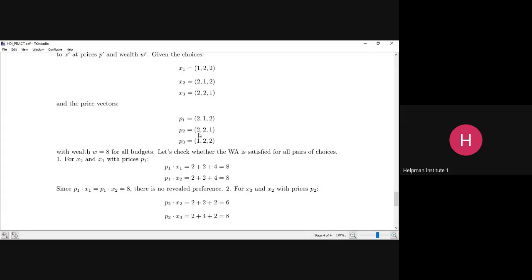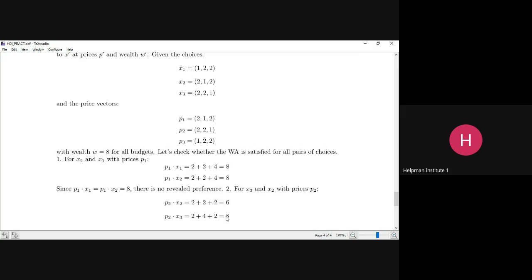All right, so use it to multiply x2, and that gives us what? 6. Then for the other one, P2 and x3, you have the same thing. That gives us 2 times 1, 2 times 2, 4, 2 times 1. Yeah, that gives us 8.